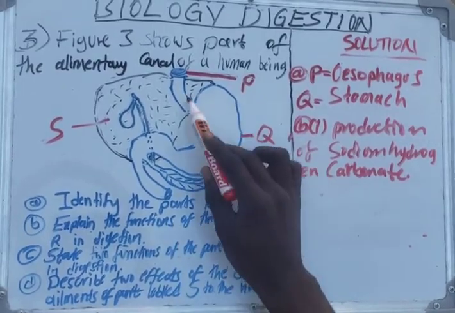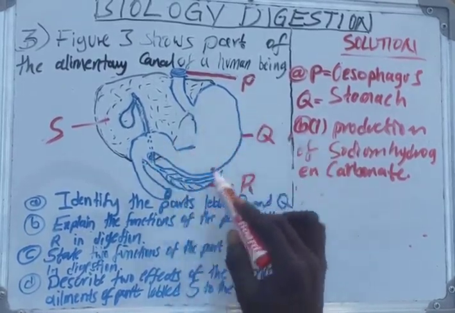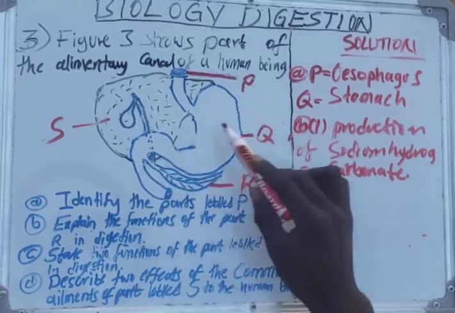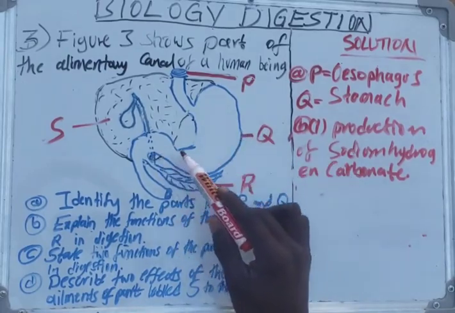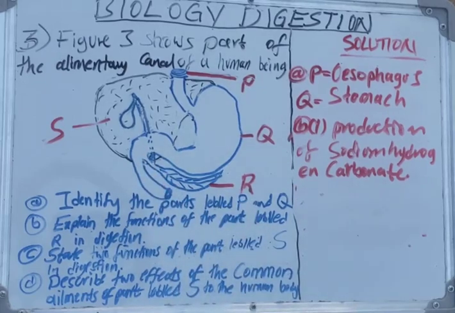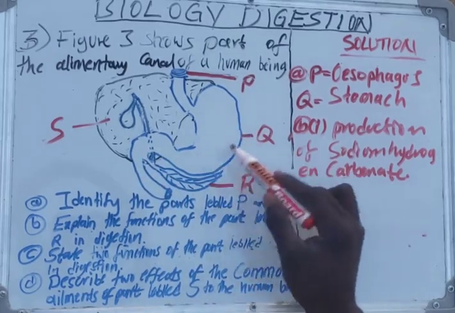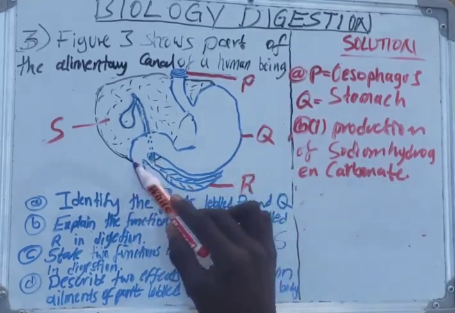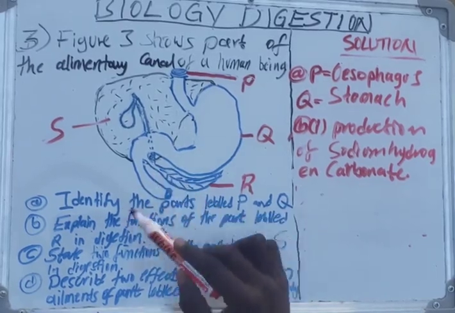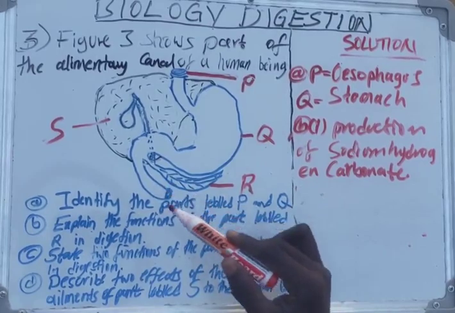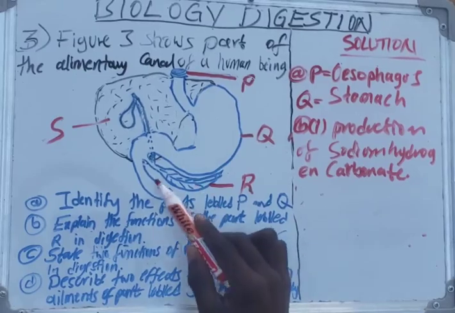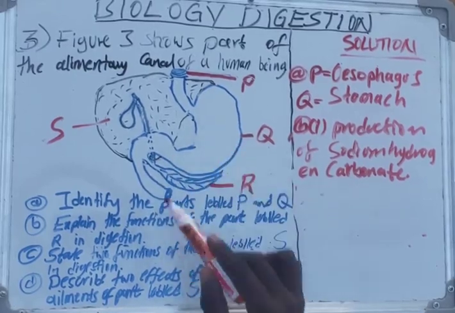Since the pH of the stomach is acidic, the chyme enters the duodenum as acidic as it was in the stomach. The pH here is not acidic, meaning that for the acidity of the chyme to be reduced, there must be something to neutralize it.